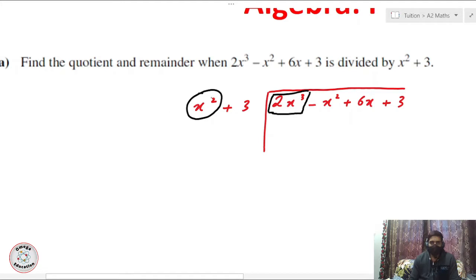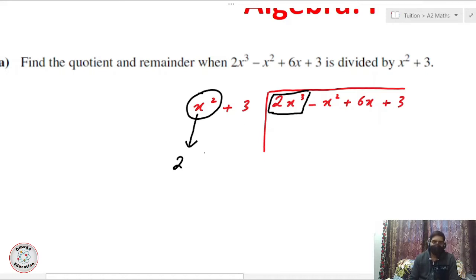Now you think about it. What thing do I multiply x squared with so I get 2x cubed? That is the starting step.